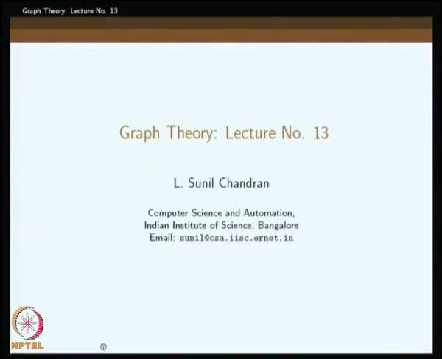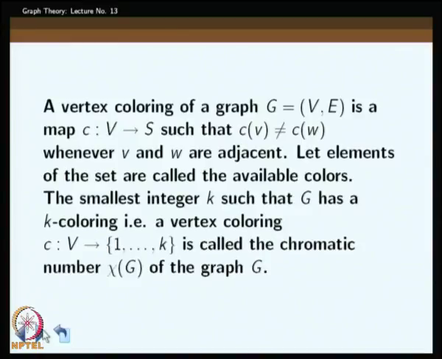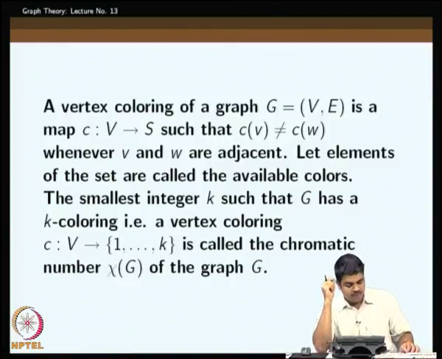So let's formally define the graph coloring problem. A vertex coloring of a graph G = (V, E) is a map, a function C from V into S, S being the available colors, such that C(v) is not equal to C(w) whenever v and w are adjacent.